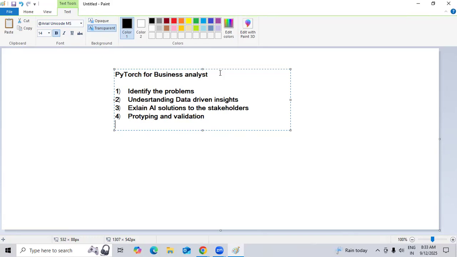This is also one of the core and important things. Even as a BA, we can build these prototypes, and prototype validations, everything can be done.